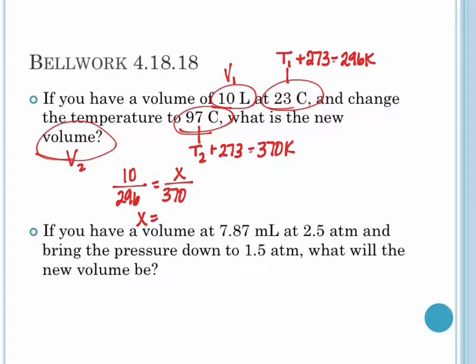So what is X when we solve for that? 12.5, and our unit is volume, so liters. Okay, so I'm going to stress this to you: if you had this set up and you gave me an X that was like 11.5, you just had the wrong answer, you're going to get most of your points.